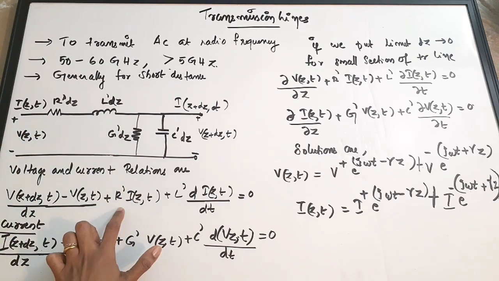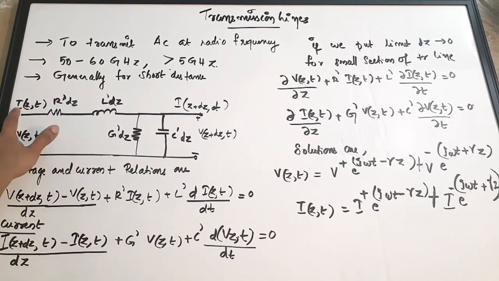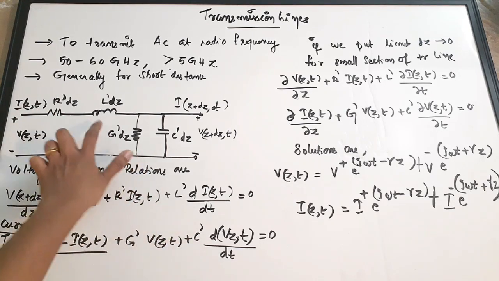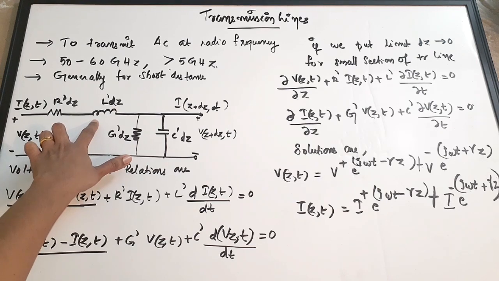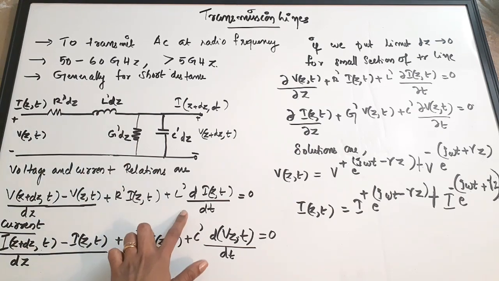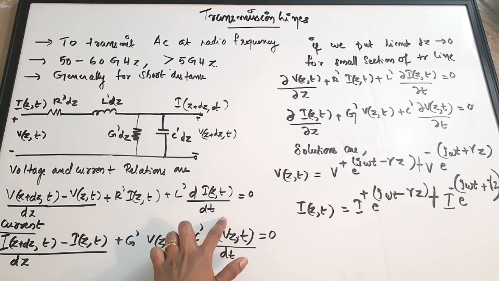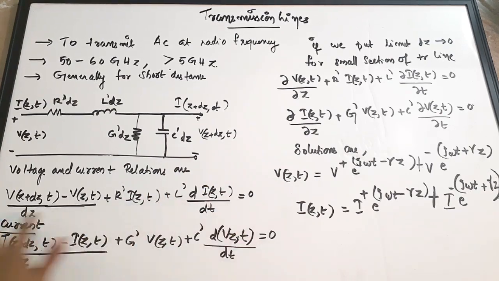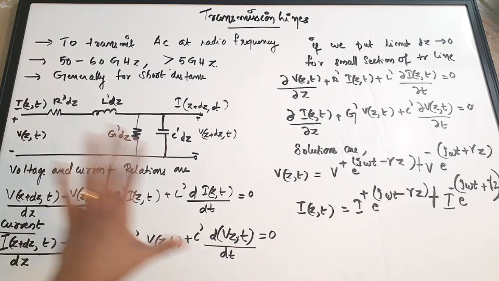So R' into the current flowing, I(z,t), so R' I(z,t), plus the voltage drop across the inductance, L' ∂I(z,t)/∂t, is equal to 0. This is the voltage equation for this particular transmission line.